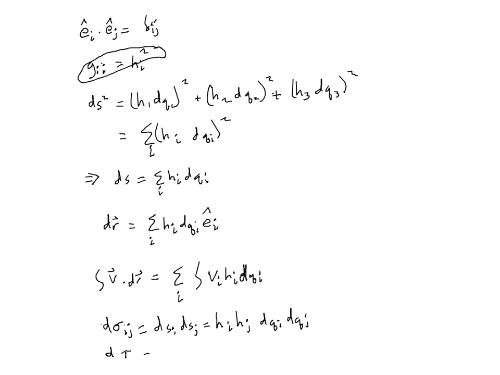And then you have your volume element, which is equal to ds_1 ds_2 ds_3, and that's just h_1 h_2 h_3 dq_1 dq_2 dq_3. So you can use all that.